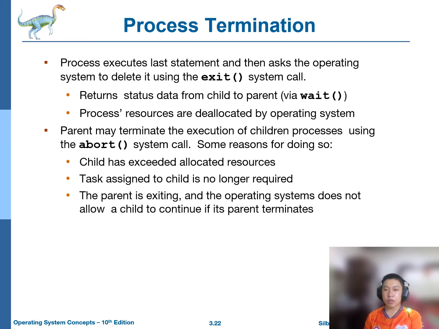Some reasons for doing so: the child has exceeded allocated resources, the task assigned to the child is no longer required, or the parent is exiting and the operating system does not allow a child to continue if its parent terminates.